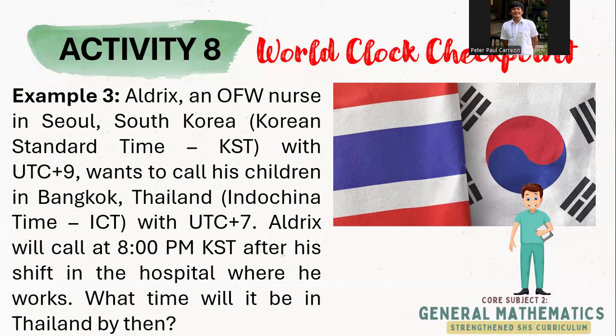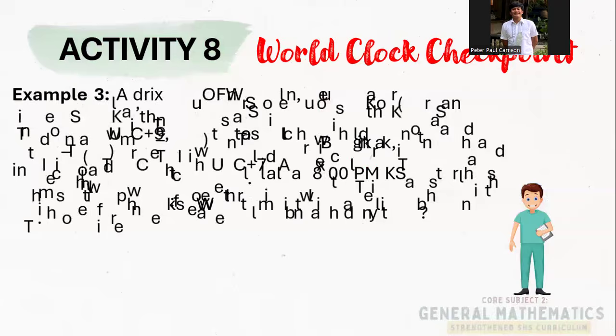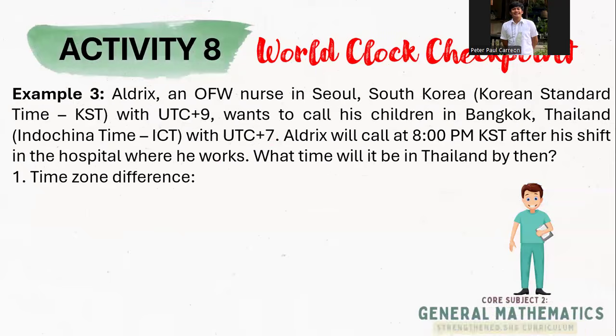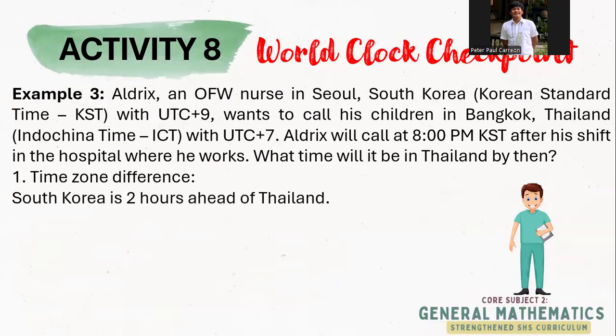So let's get the difference. As you could see, we have 9 minus 7, so it means South Korea is 2 hours ahead of Thailand. So we convert our KST to Indochina time.